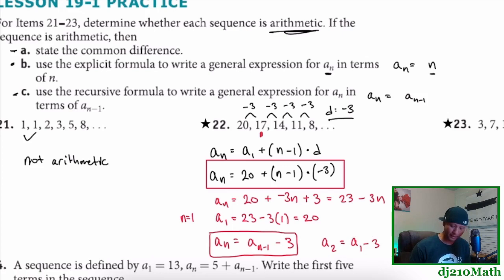The second term, 17, is 100% the first term minus 3, 20 minus 3. And then you could keep it going. A sub 3 would be A sub 2 minus 3. It's recursive, it just keeps going over and over.